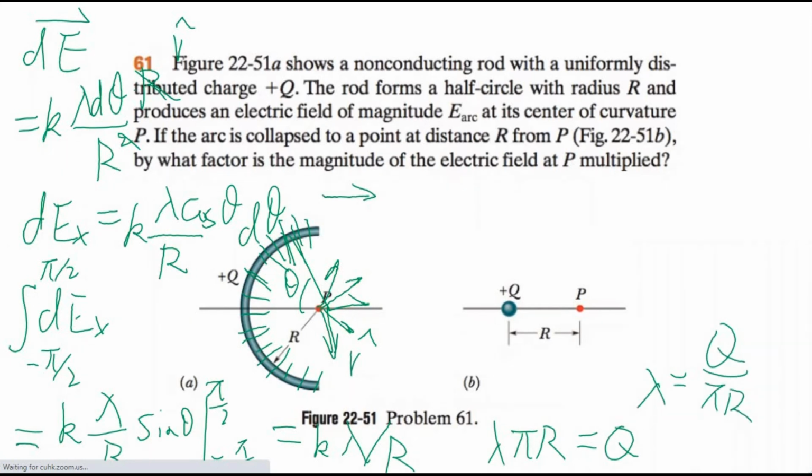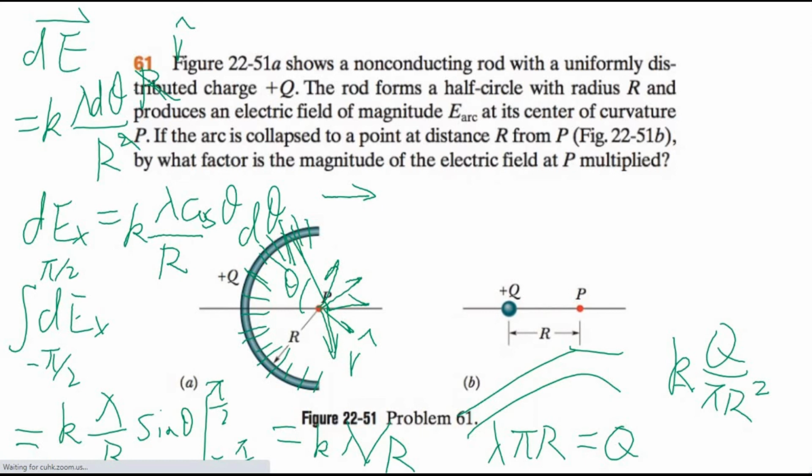So the total answer here would be multiplied with the K, then over the R, like this.